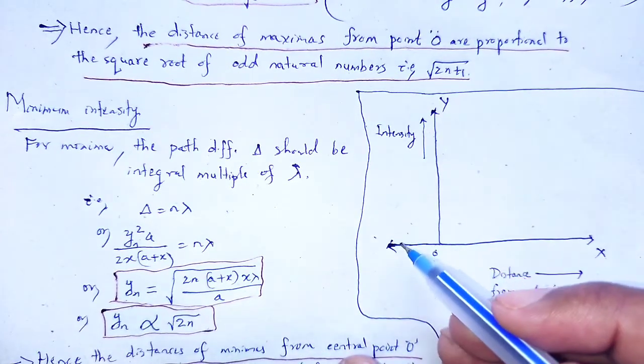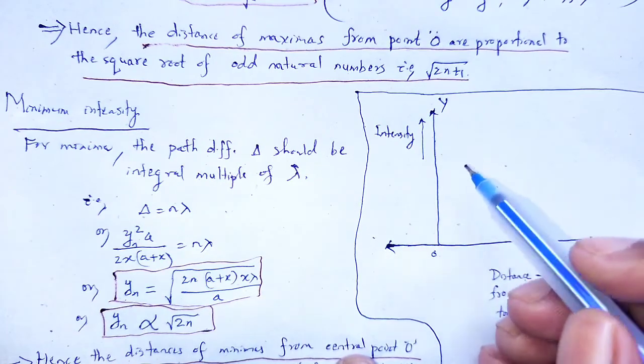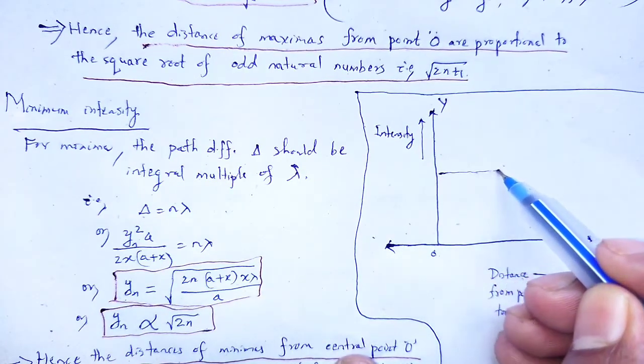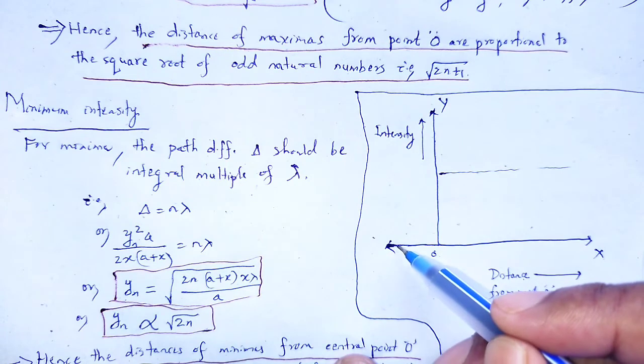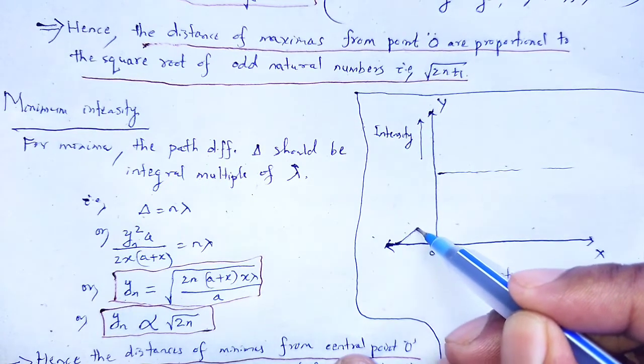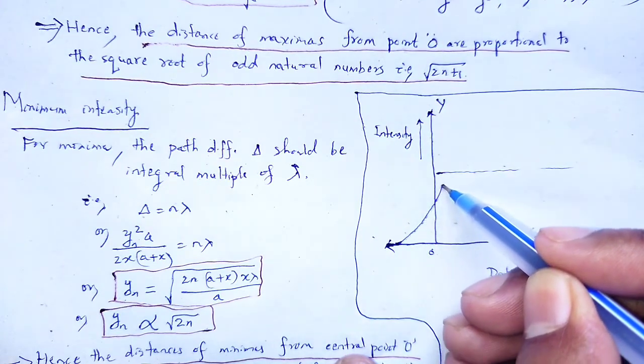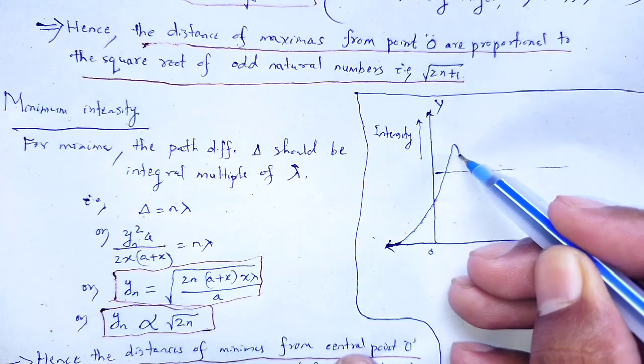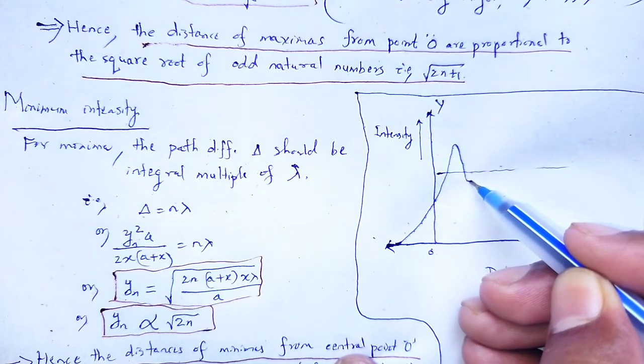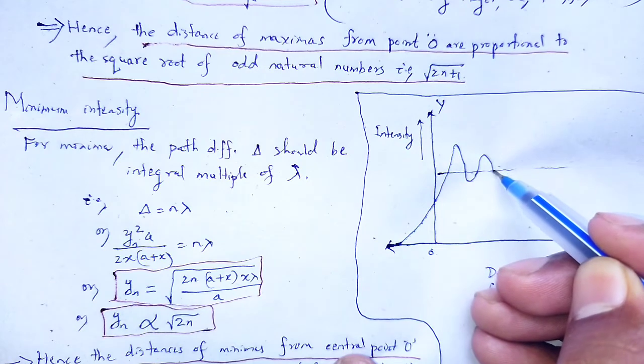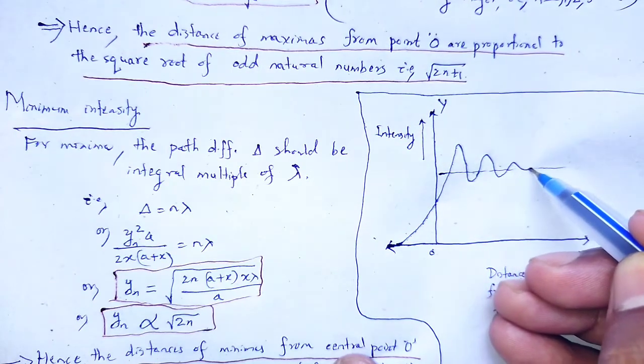You observe that in the shadow region at first the intensity increases and after that it decreases in this manner.